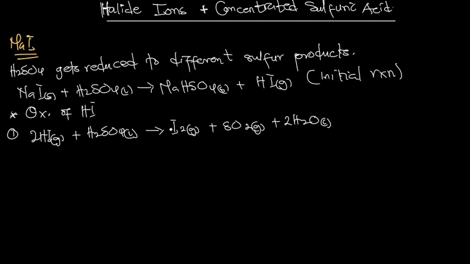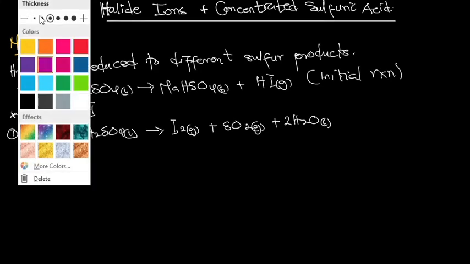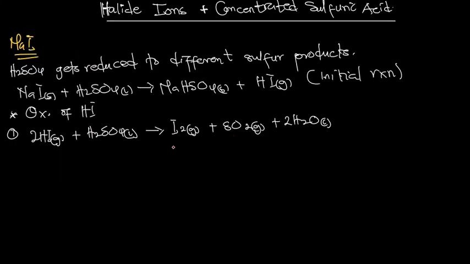Now, what is going to be the observation in this reaction? We are going to notice a purple vapor. Purple vapor is an indication that you are having iodine gas coming out from the reaction.